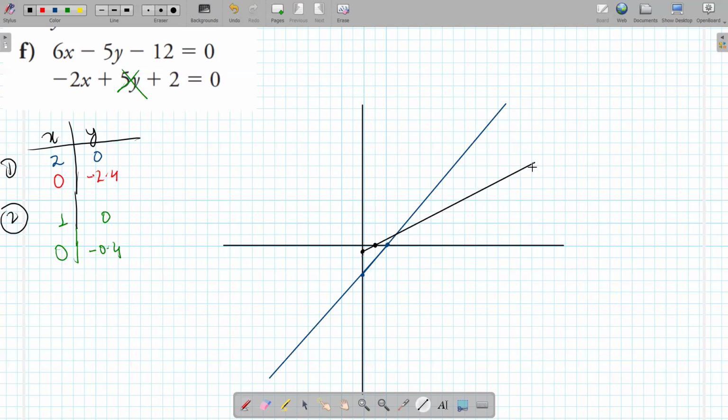And then you want to find where they intersect right there. That appears to be 1, 2, 3, and 1. So 3 and 1 is the answer to that question. So you don't have to take it in the form of mx plus b if you use this approach. Cool?